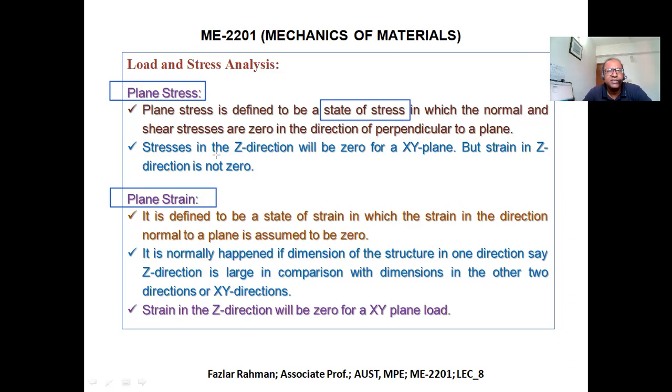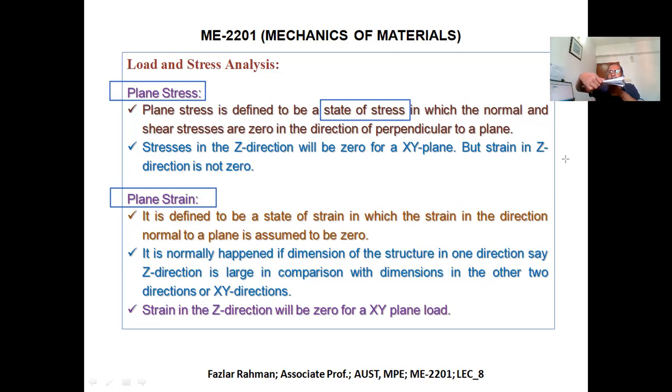So it's saying stress in the z direction will be zero for the xy plane, but strain in the z direction is not zero. Say if I pull along the x-axis, the length will increase. What will be the stress? The force divided by this area. That would be the stress along the x-axis.